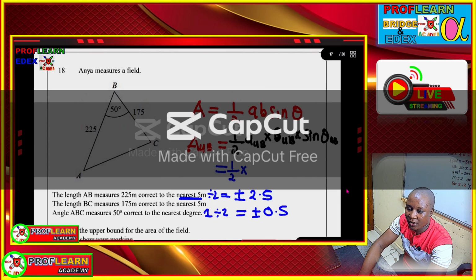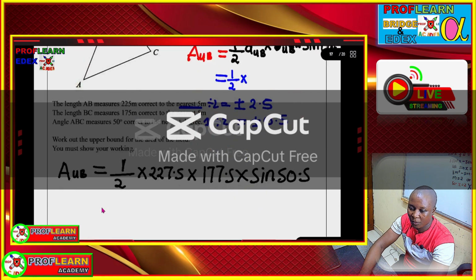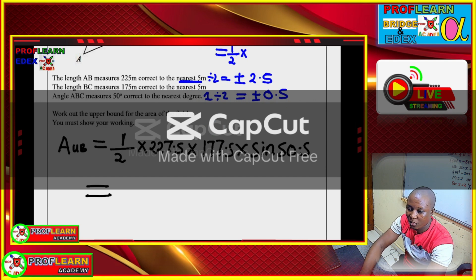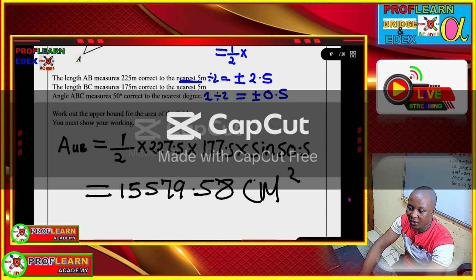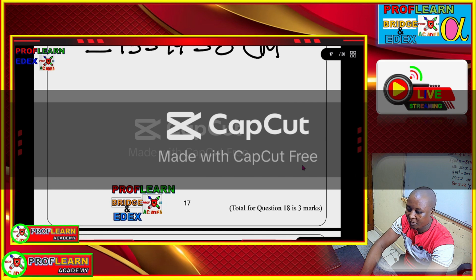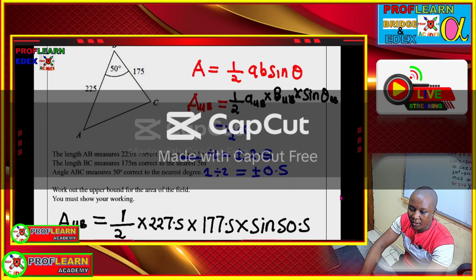And for the angle, it's plus or minus 0.5, so the angle is 50 plus 0.5, that's 50.5. We put this in our calculator, and if you work it out, you get 15,579.58 centimeter square as the upper bound of that particular area. All right, so that is it.